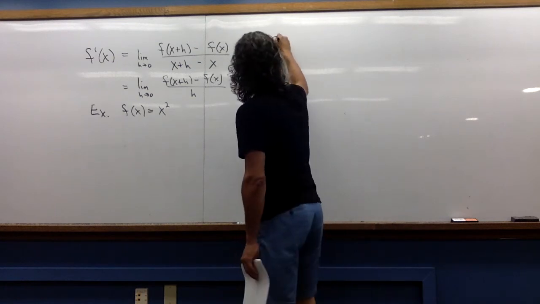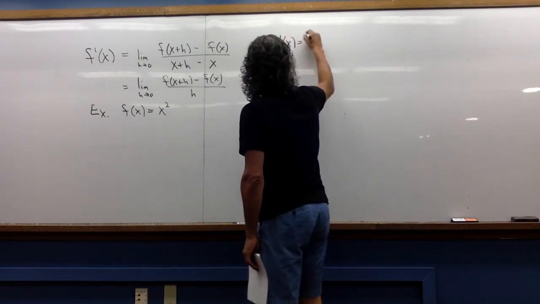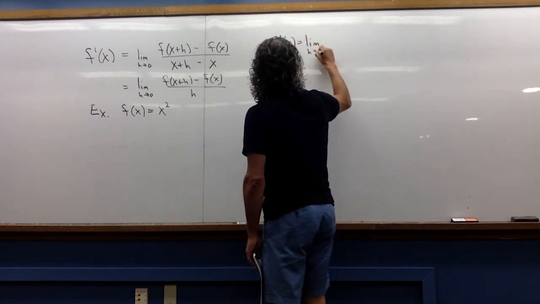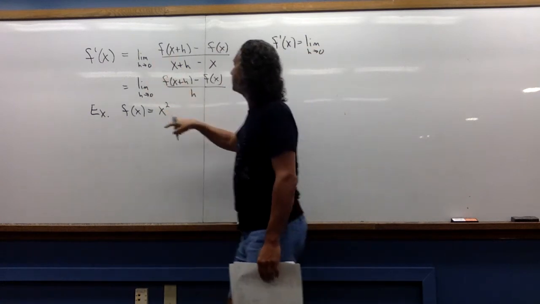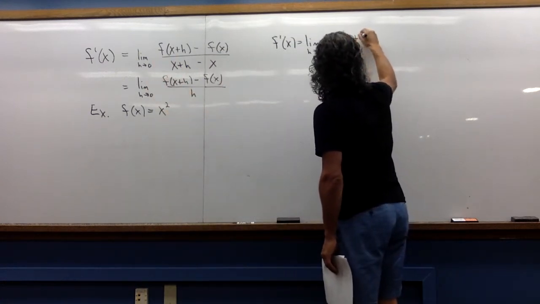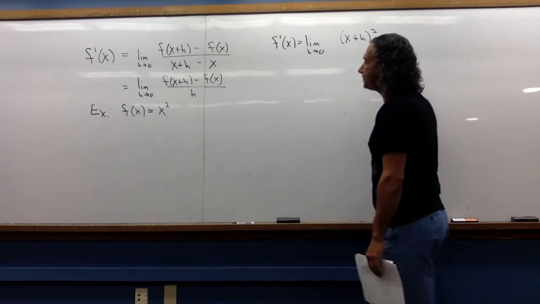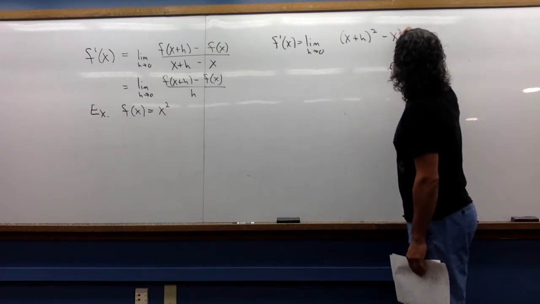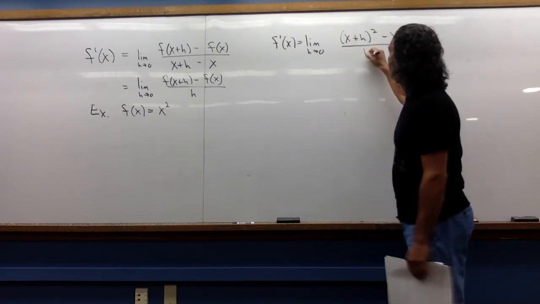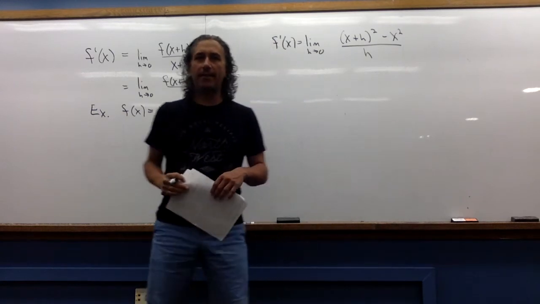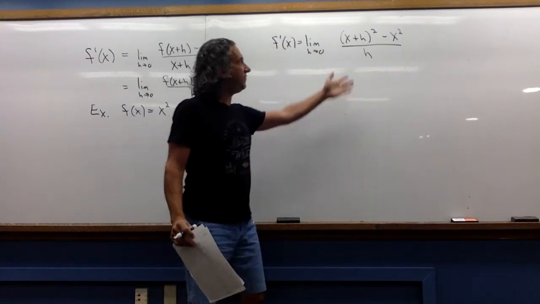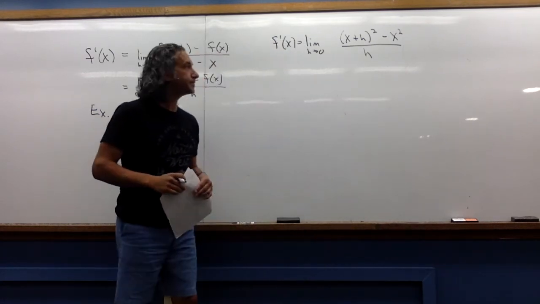So f prime of x in this case is the limit as h goes to 0 of f of x plus h, which is x plus h quantity squared, minus f of x, all over h. So I'm going to give you a minute, pause the video, see if you can actually work this out.